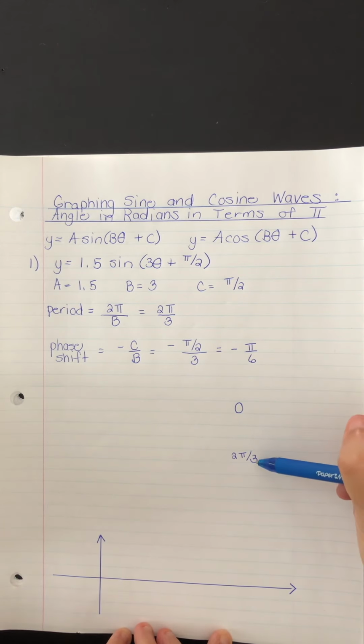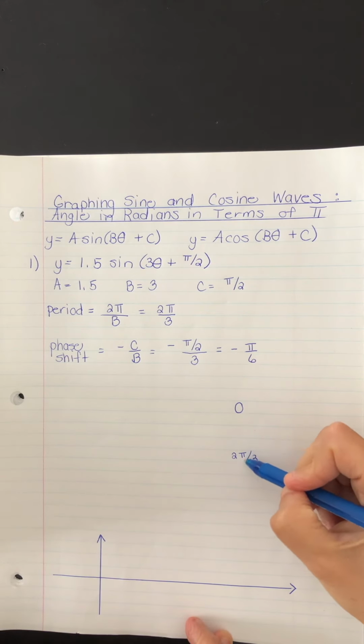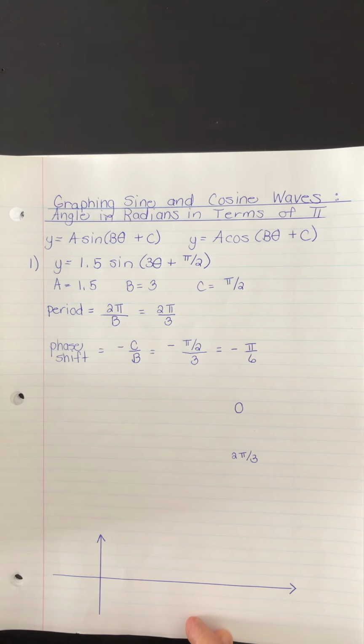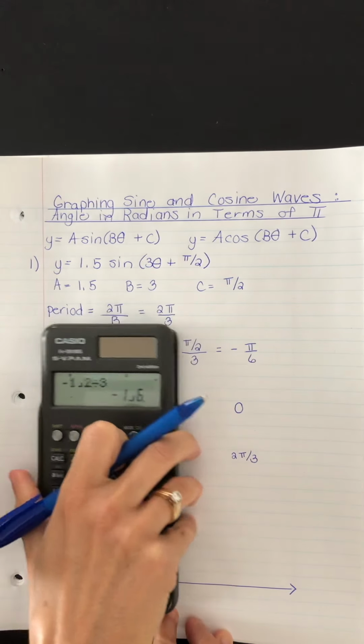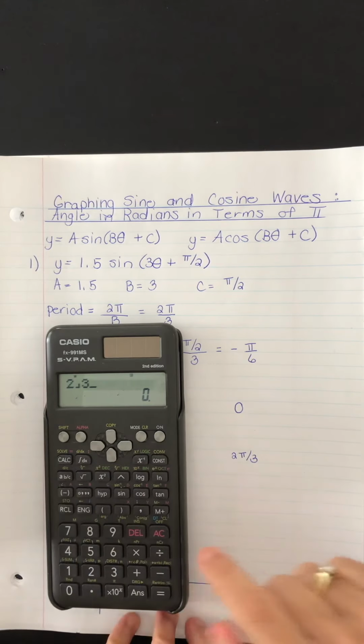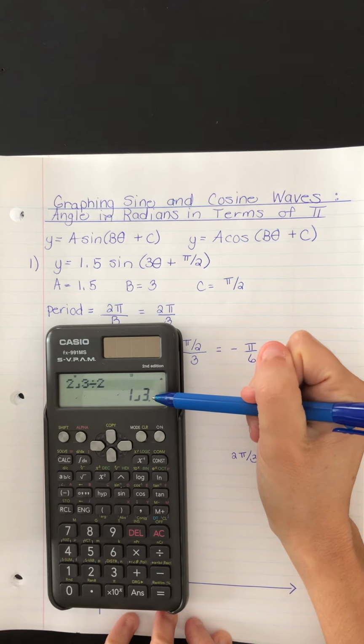And then remember what we did last day. We took this number and we divided it by 2. Now again, you can use your fraction button if you need to help you, except you can't put the pi in. So this is going to be treated like a fraction of 2 over 3. So let me just show you what I'm saying here. We could do 2 over 3 divided by 2 is, of course, 1 over 3.